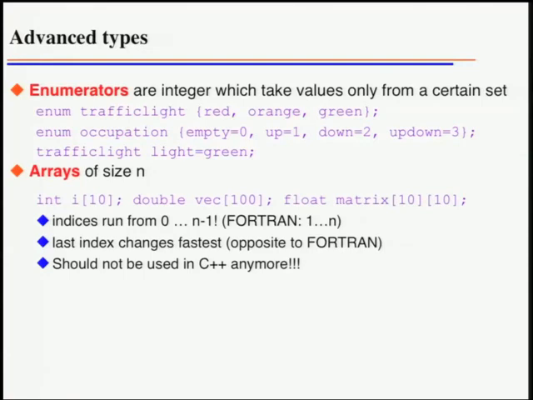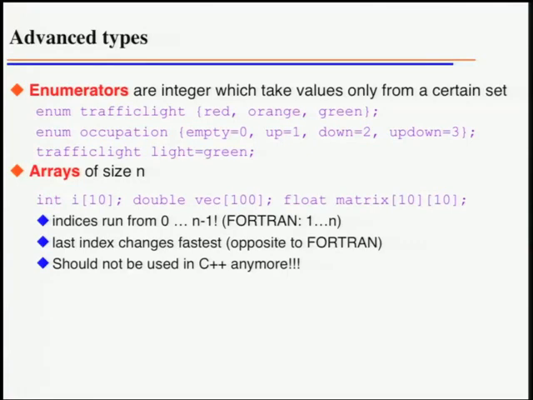There are arrays. So for any type like int or double, you can have an array, so several variables in a row with one single name. So that's an array of 10 integers. That's an array of 100 double values. This here is a two-dimensional array of size 10 by 10 floating point values. And one notable thing is indices start from 0.